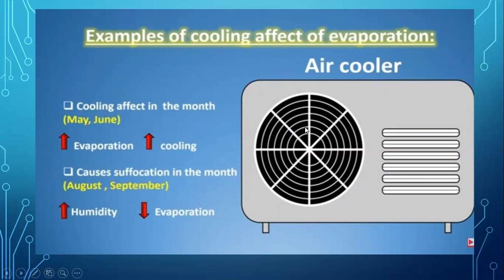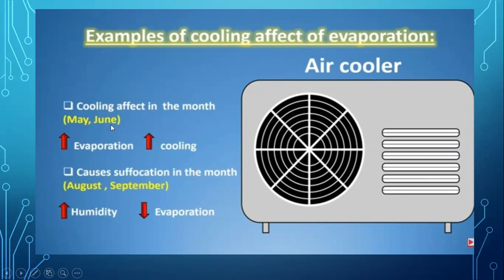That is, you feel a cool breeze from that air cooler. That cooling effect is more comfortable in May and June. After that, in August and September, that air cooler causes suffocation. We will discuss this factor later on.